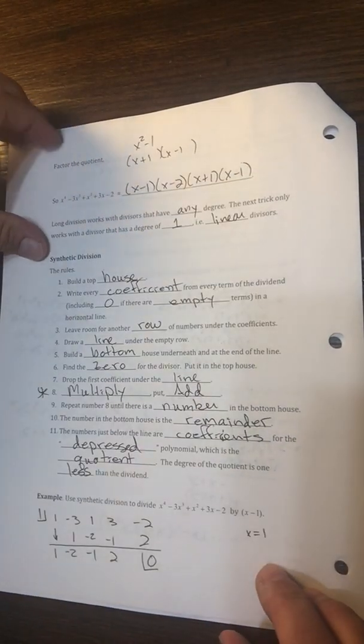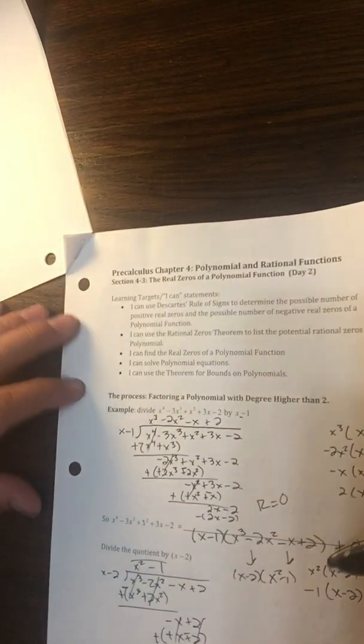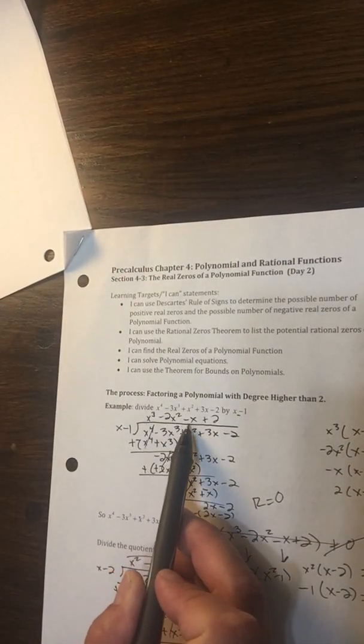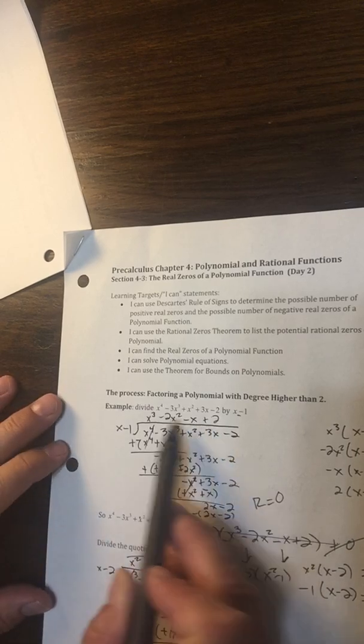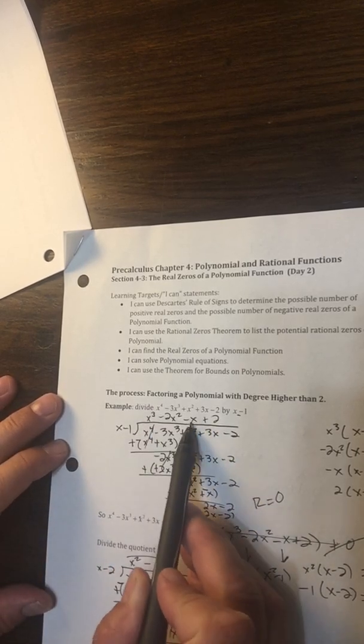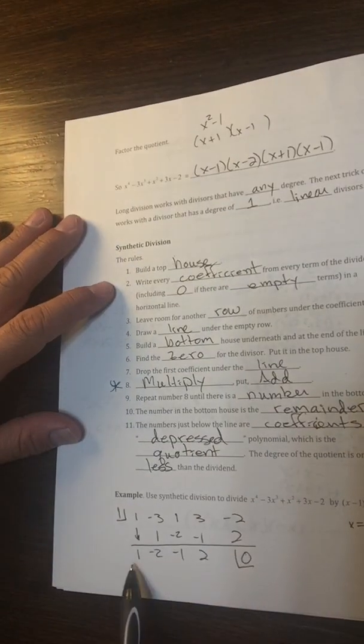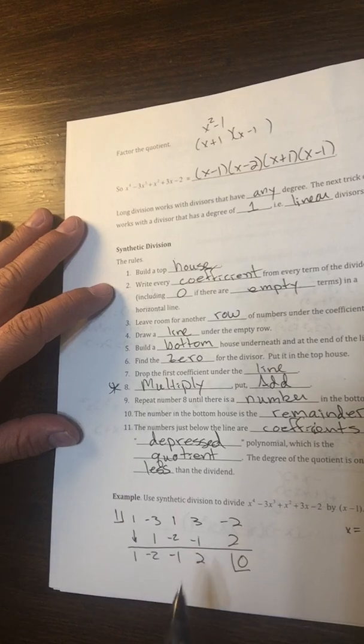Now, let me go back to the front page, and let's look at what the quotient was. It was 1x to the third minus 2x squared minus x plus 2. 1, negative 2, negative 1, 2.